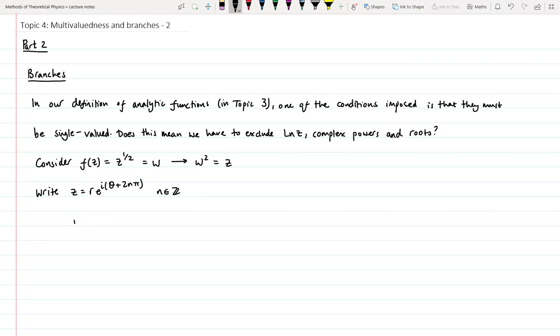And we will also write that w can also be written in modulus argument form as capital R e to the i phi. Substituting these into our equation w squared equals z, we obtain that capital R squared e to the 2i phi equals r e to the i theta plus 2n pi.